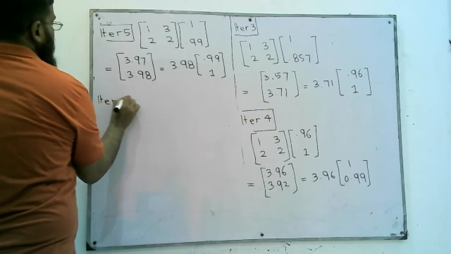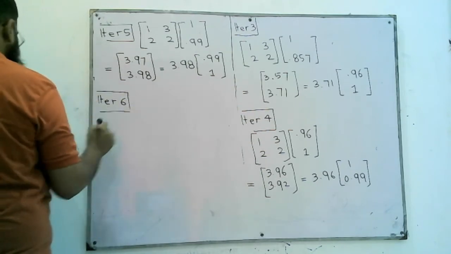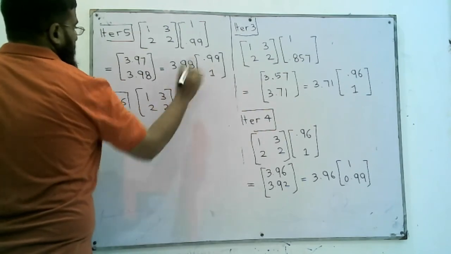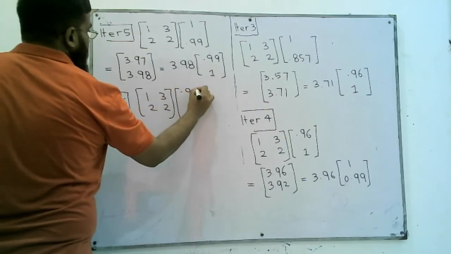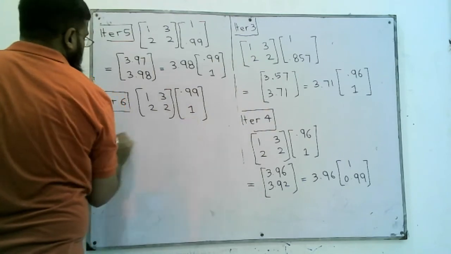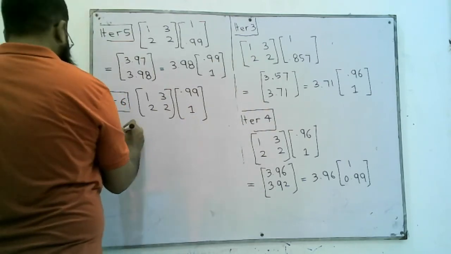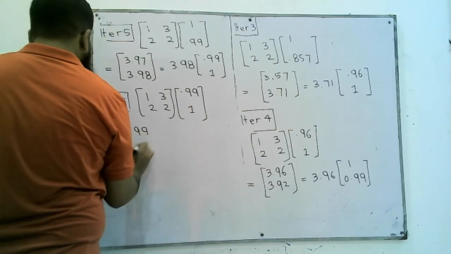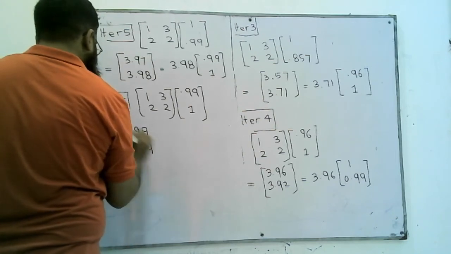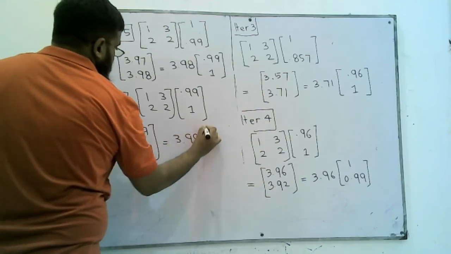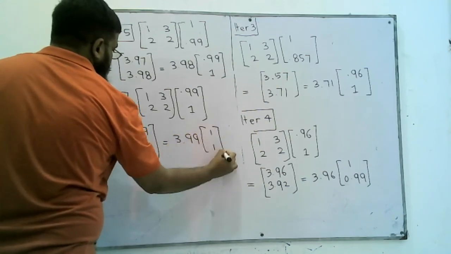Iteration number 6: A times the vector that we computed in the last iteration. It becomes 3.99 and 3.99, and we take 3.99 common. This is [1 1].